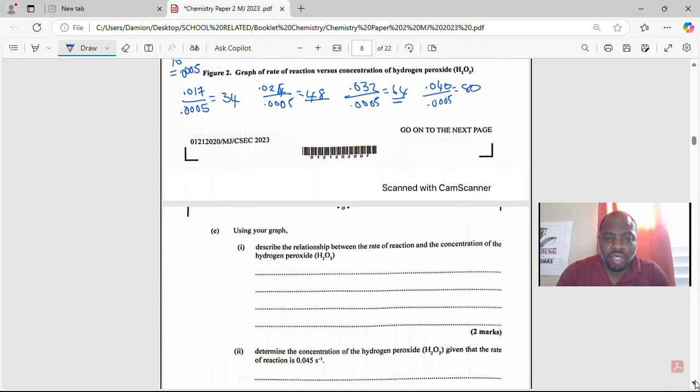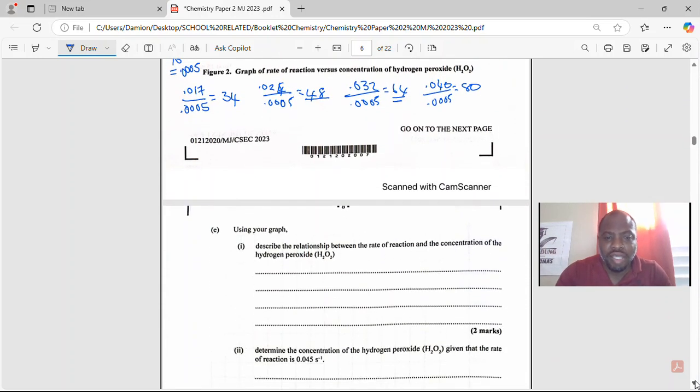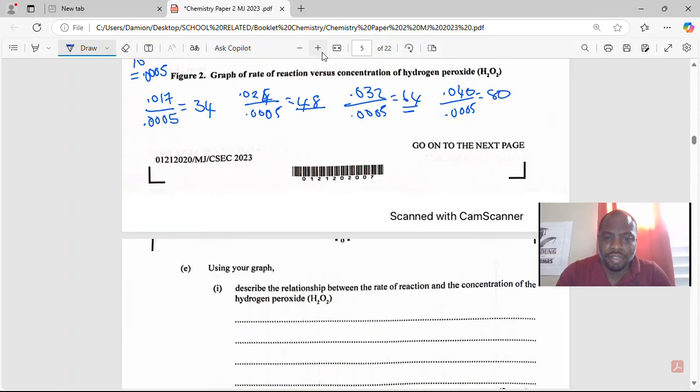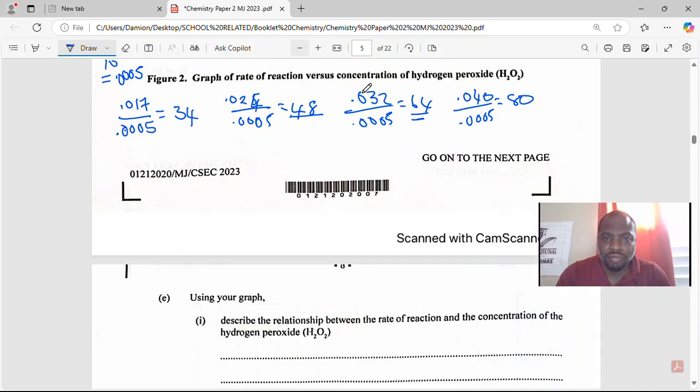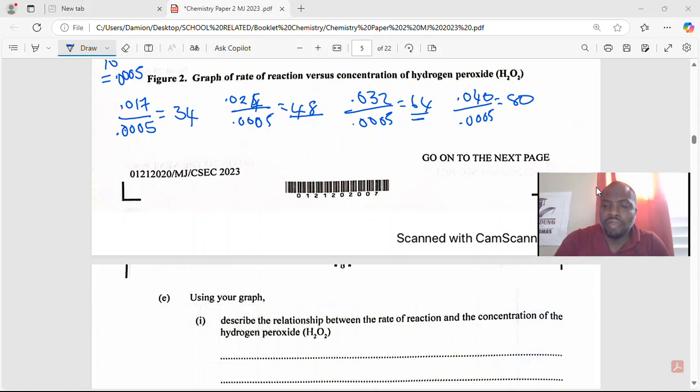So we're moving on. It says using your graph, describe the relationship between the rate of reaction and the concentration of the hydrogen peroxide. I know this might be a little bit small. Let me go back. So anybody wants to describe that?